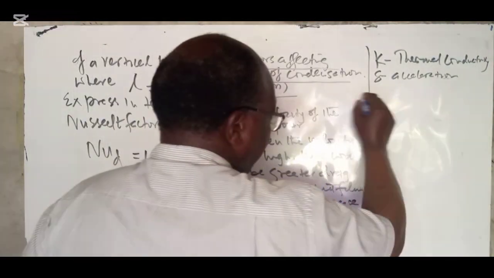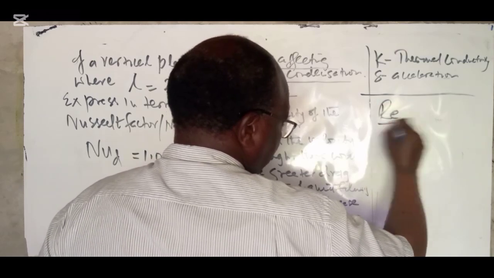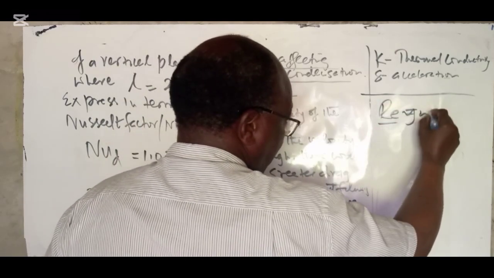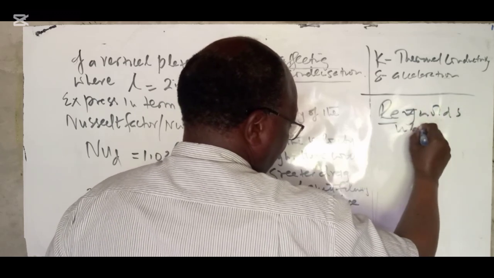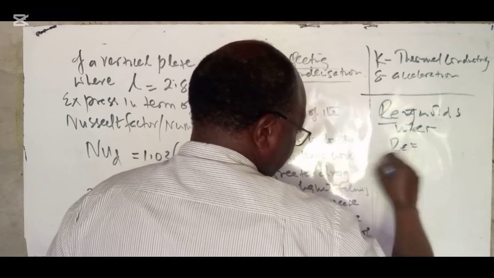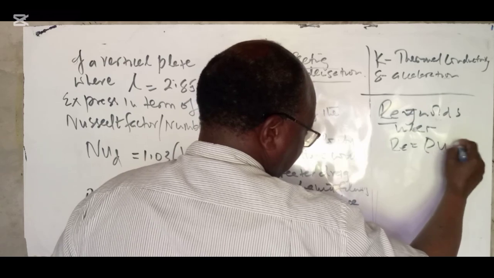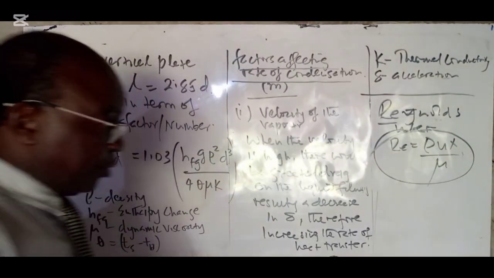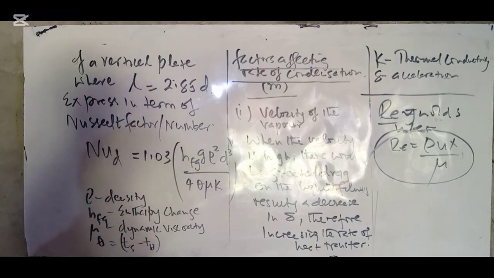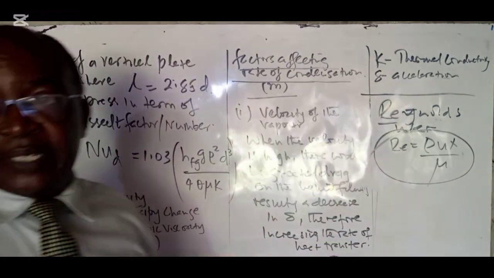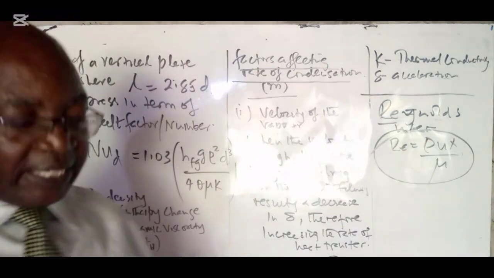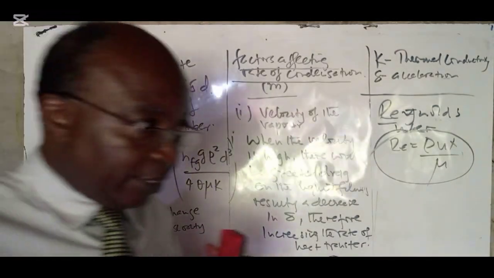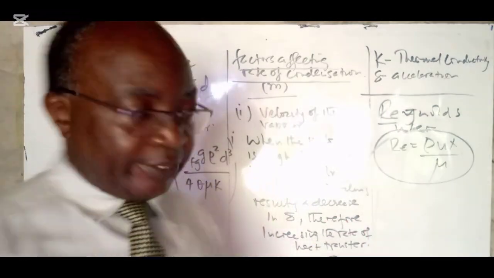Remember Reynolds number, don't forget Reynolds number. We said that it's a certain value, a critical value, above which you will now start developing turbulence.